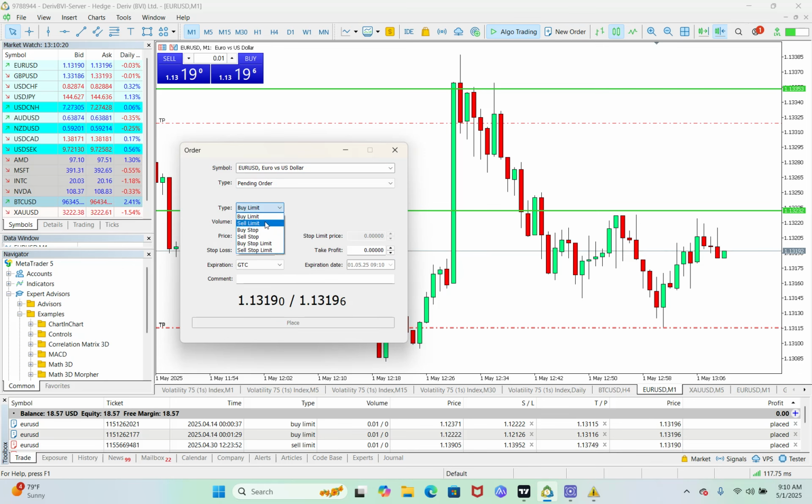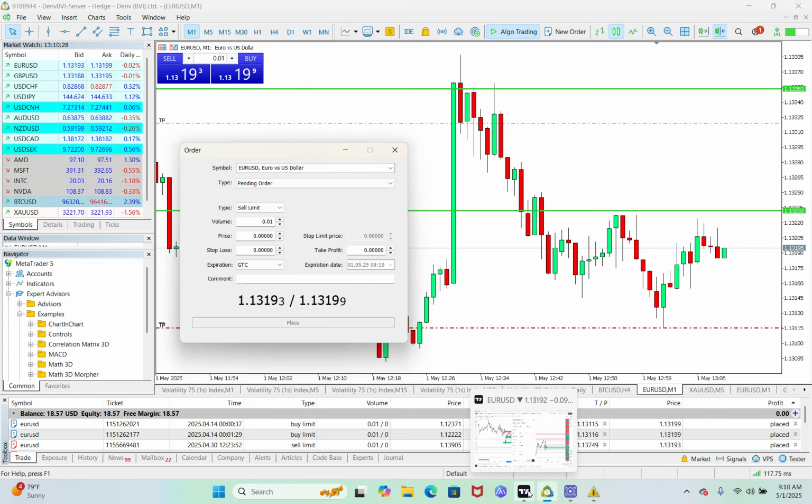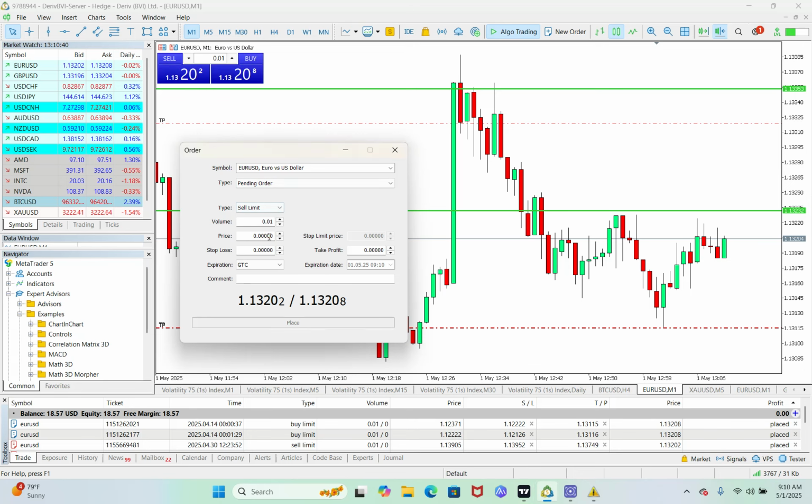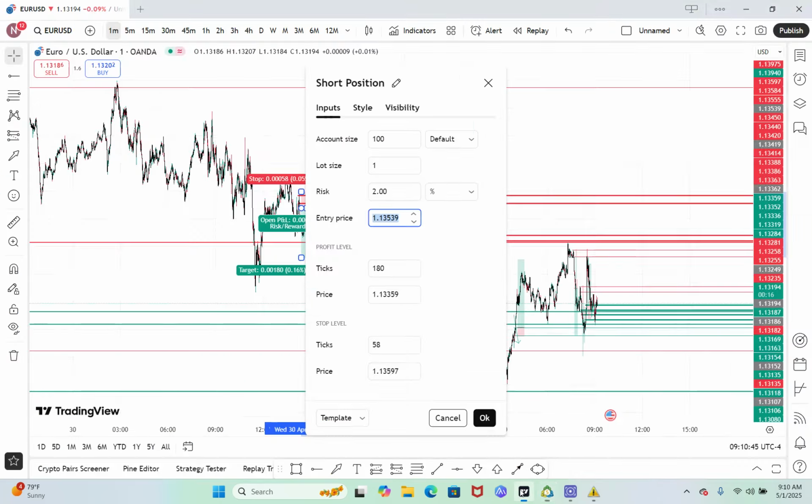So sell limit. Ensure you check your lot size 0.01 cent lot. Right. Go back to trading view, copy entry. Copy. Price. Go back again. Profit.